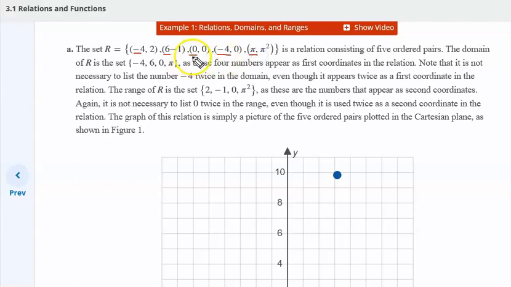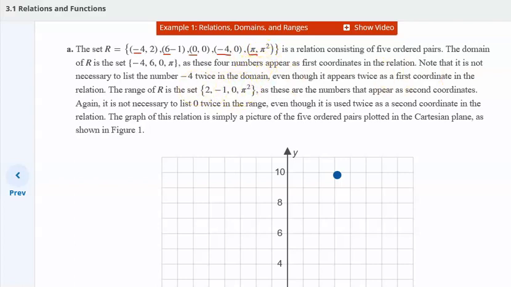Now in set notation, if something is repeated, we only write it once. And there is our set of domain elements, the first letter or number in each of the categories.